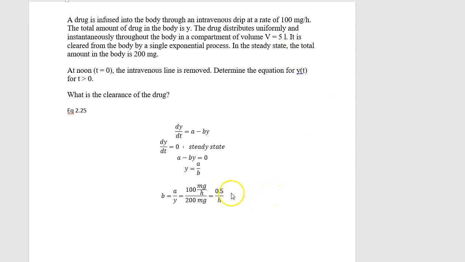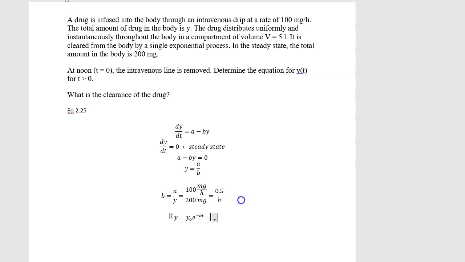So the next question is, what happens once we turn off the drip? Once we turn off the drip, well, now we've got a decaying exponential. Y is going to be Y naught e to the minus bt.